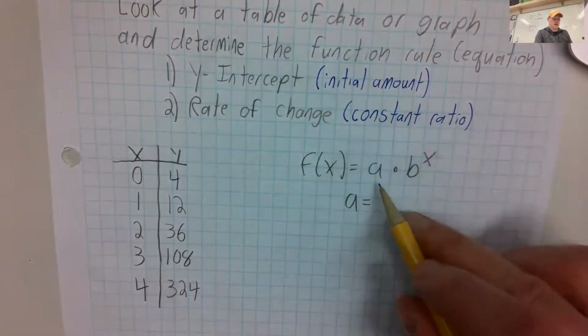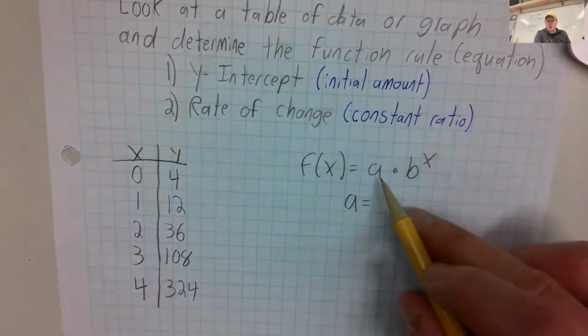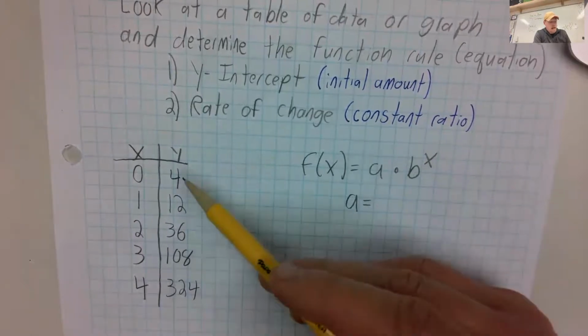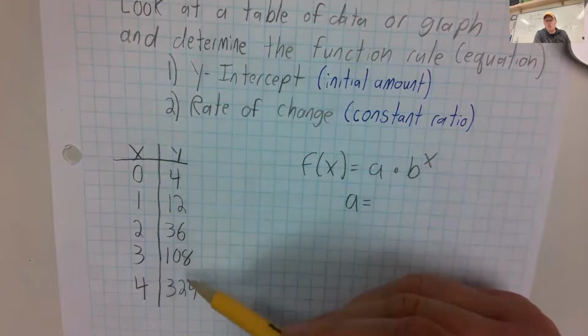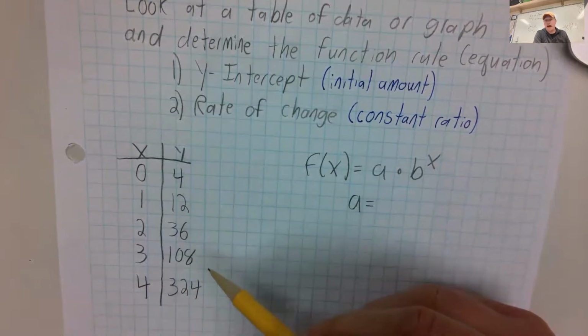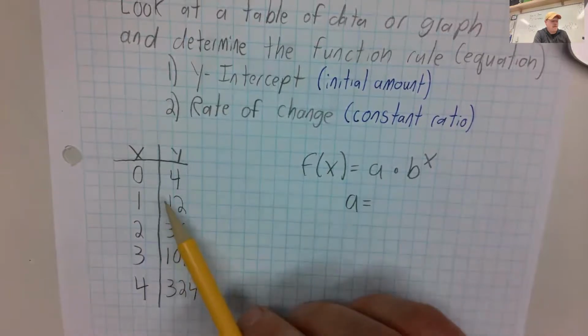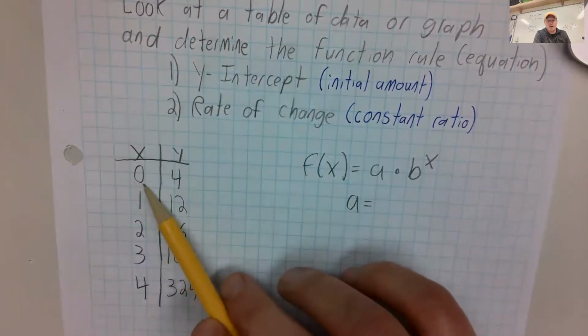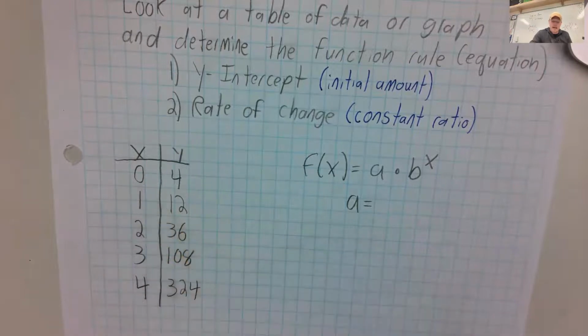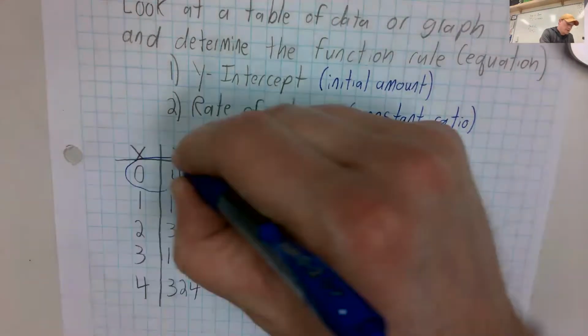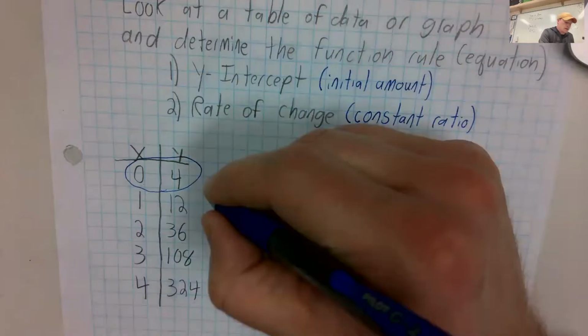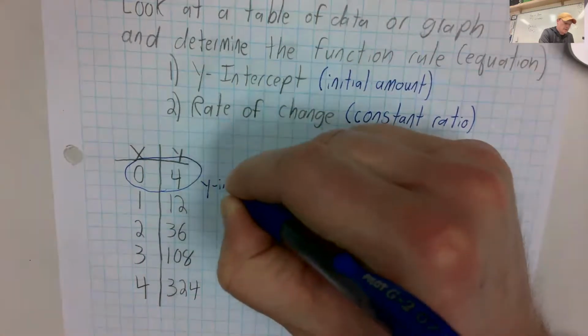The first number is our initial amount, and that's going to be our y-intercept. Now, it's going to be a little more difficult to pull out the y-intercept here because I don't see a graph, I don't see the y-axis. But I do know that wherever x is 0, that is going to be my y-intercept. So this point right here is the y-intercept.